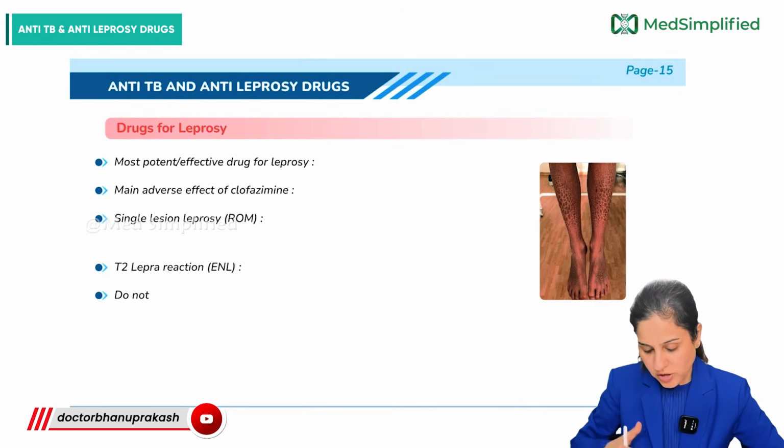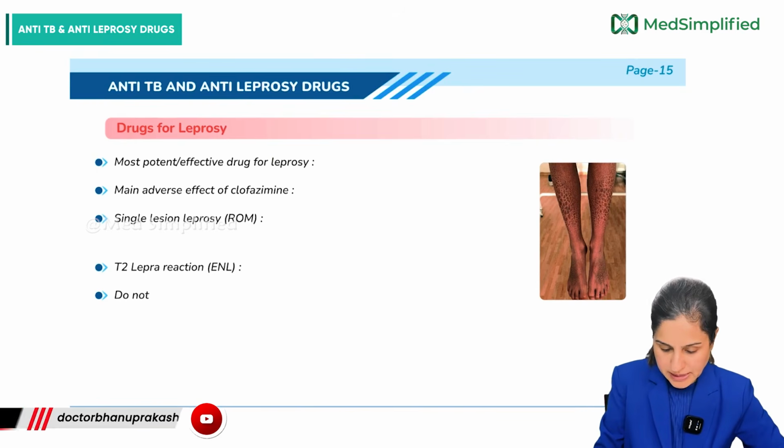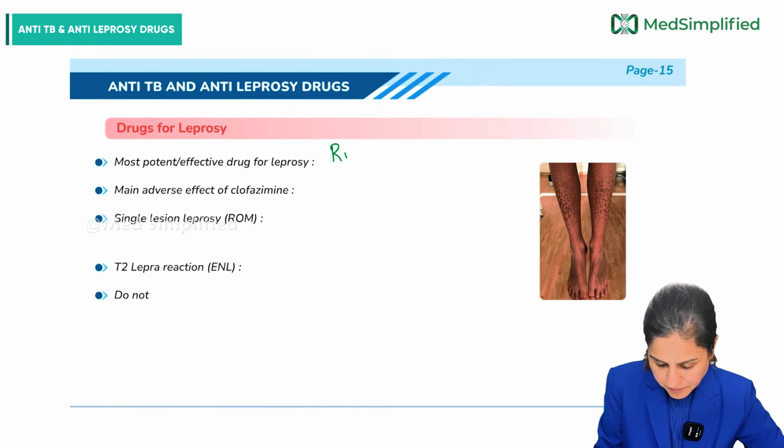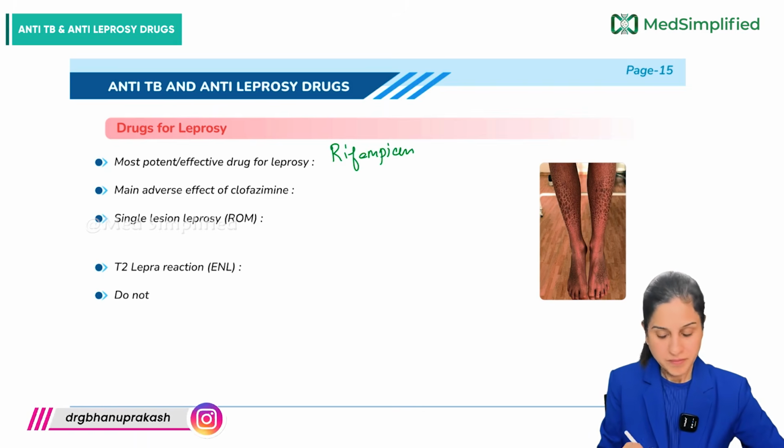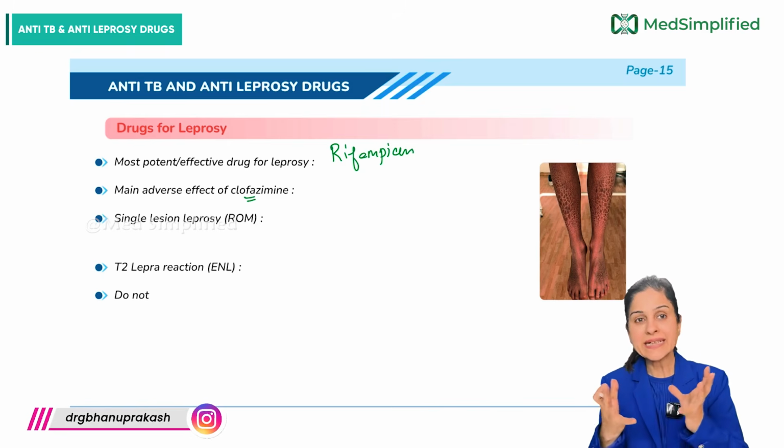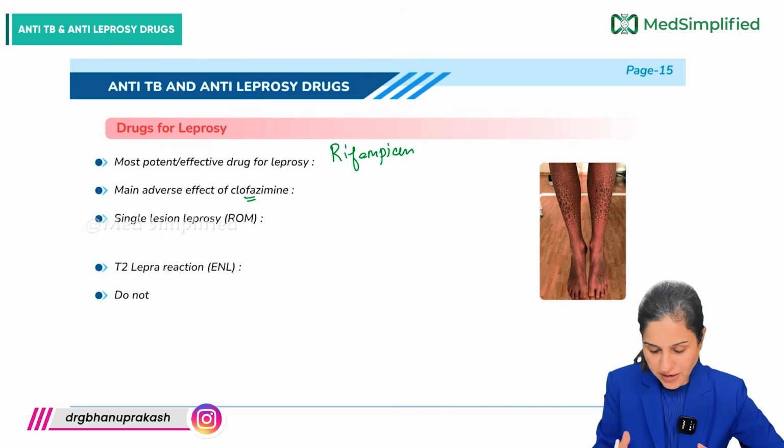Then let's do some important points here. The most potent or the most effective drug for leprosy is rifampicin. Right? The main adverse effect of clofazimine. Now, clofazimine is a dye. What is the main adverse effect of clofazimine?